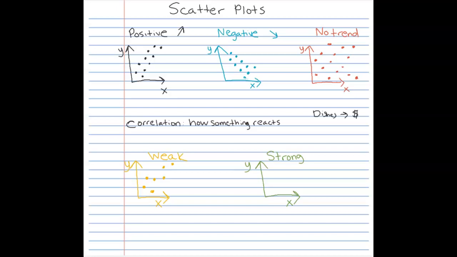Whereas here, you can definitely tell it's positive. And this one is positive. But the only difference here is this is what we would call a weak positive. You can tell it's going up, but you'd have to look at it for a while to be able to tell the trend. Whereas here, this would be a strong positive.